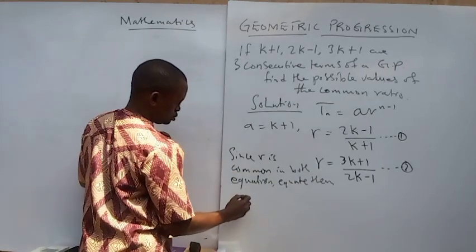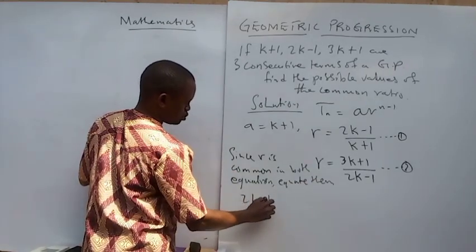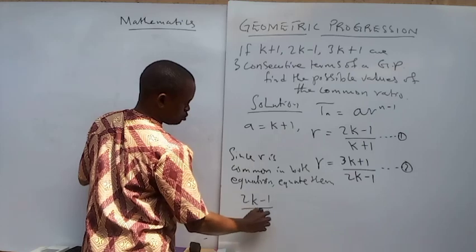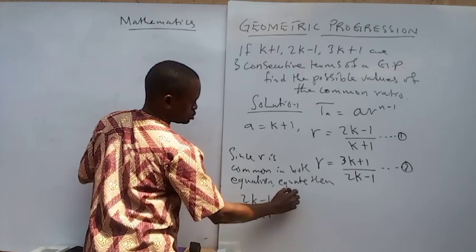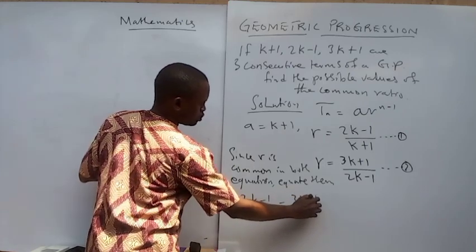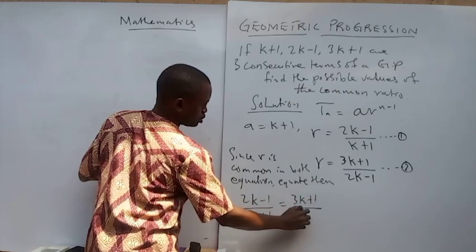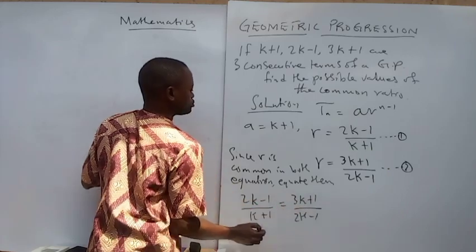So I can say 2k minus 1 over k plus 1 is equal to 3k plus 1 over 2k minus 1.